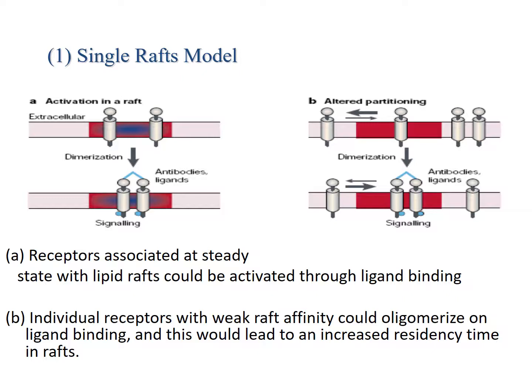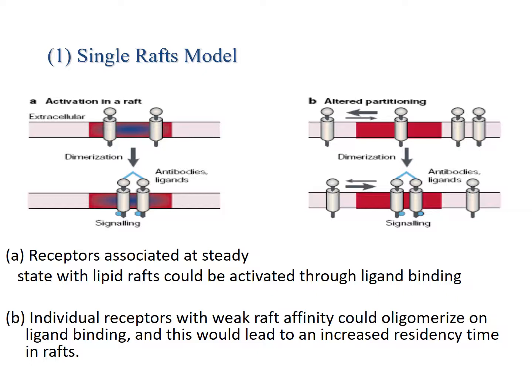There's a different fluidity there in a lipid raft. And so they may even have weak affinity, but they could dimerize or become oligomers on lipid binding, and that can lead them to being retained on a raft.